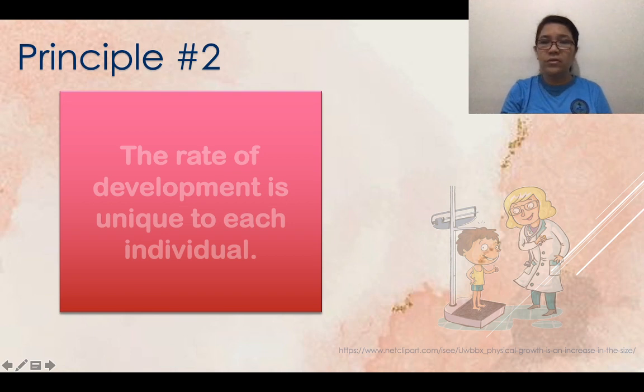Maybe the child who was able to learn to write faster was already taught beforehand before going to school. Okay, so again, the rate of development is unique to each individual. Whether they're twins or triplets, the rate can still be different.